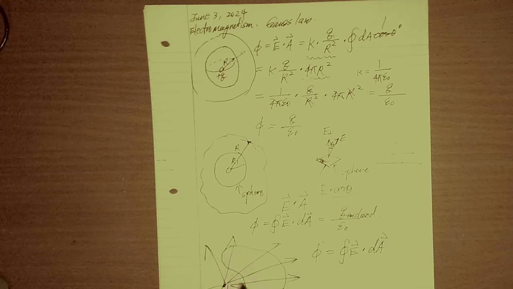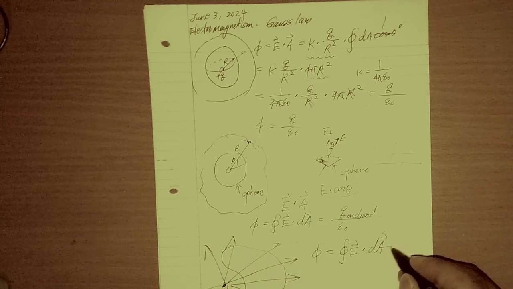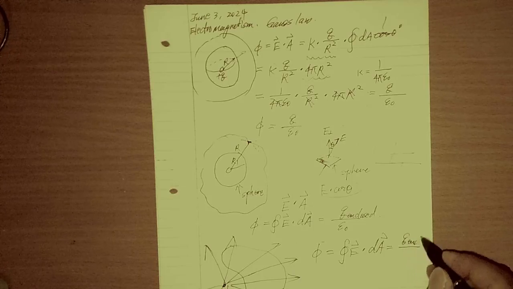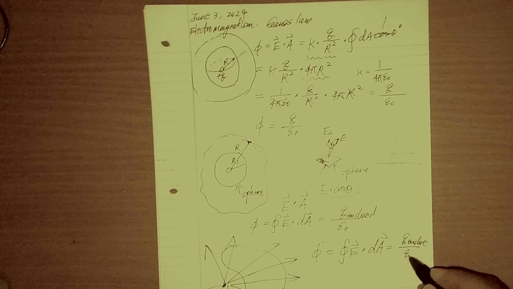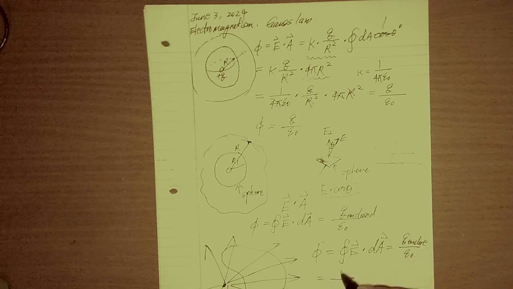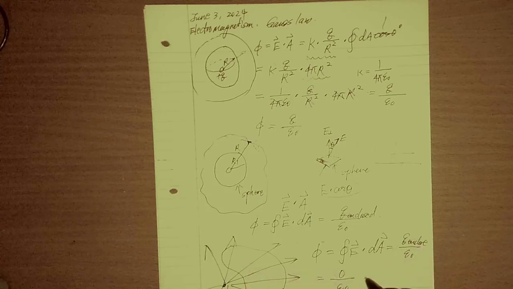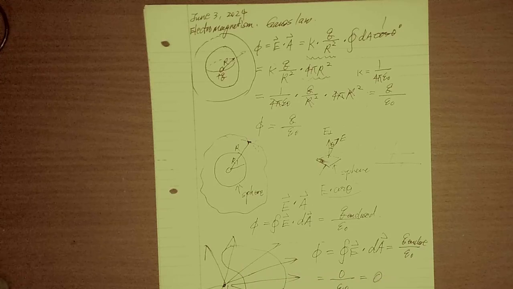Notice this enclosure does not include any charge at all, so Q enclosed over epsilon 0 is actually 0 over epsilon 0. That's why the electrical flux is 0.